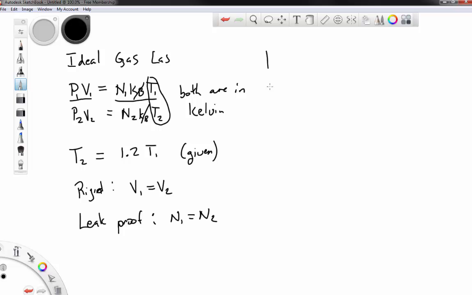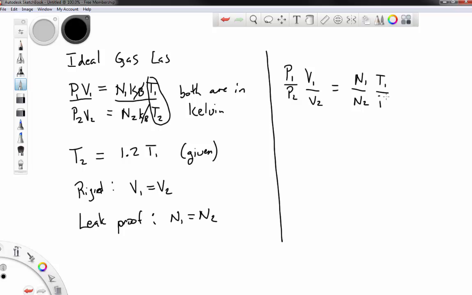Okay, so what do we end up with here? We had P1 over P2 times V1 over V2 is equal to N1 over N2 times T1 over T2.